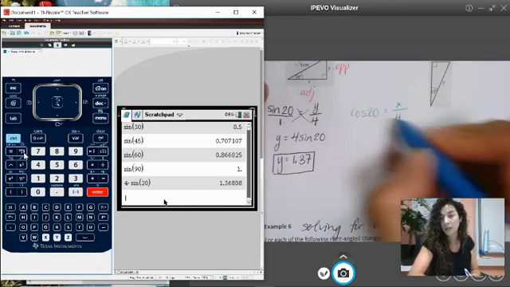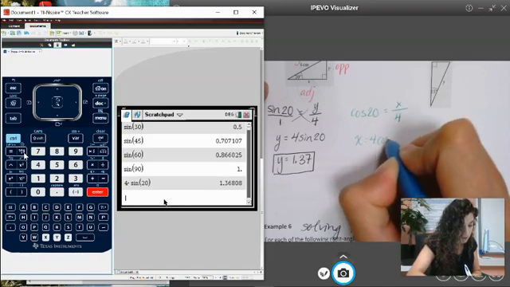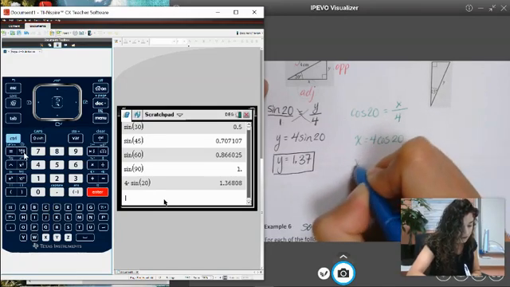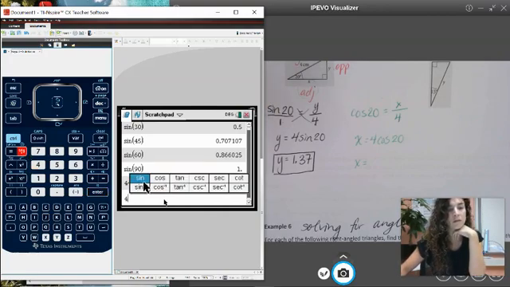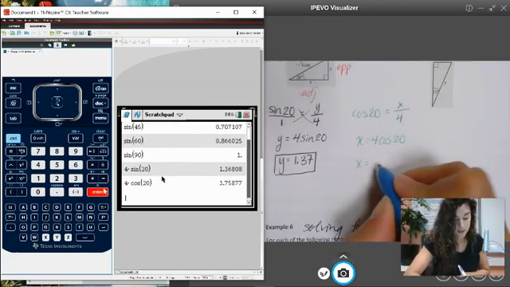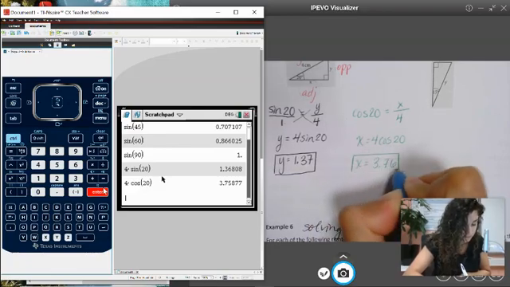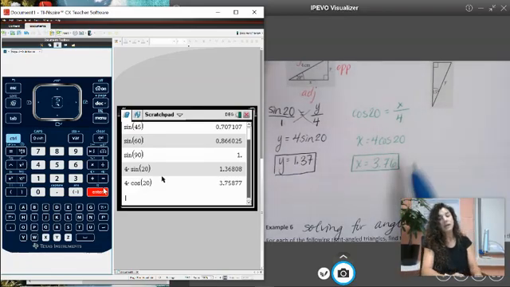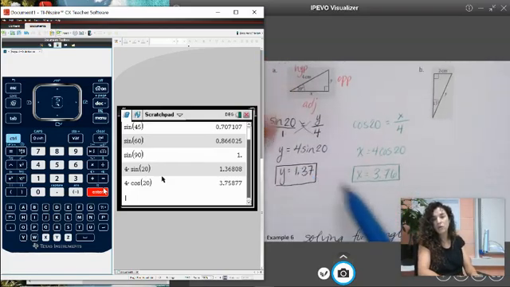Again, you can put this over 1 or realize you multiply both sides by 4, and we get that x is equal to 4 times cosine of 20. 4 cosine of 20, and we get 3.76.